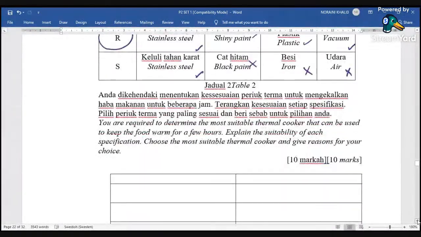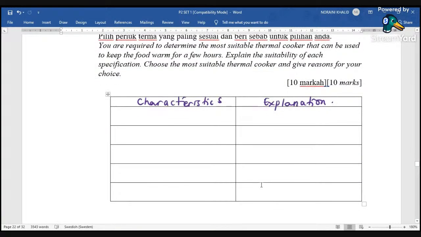Okay, so the suggested method is to write in table form. So you have the characteristic given, and then explanation or reason also can. When you write in table form, this is to ensure that you don't repeat the same point when you explain, and to prevent missing points.